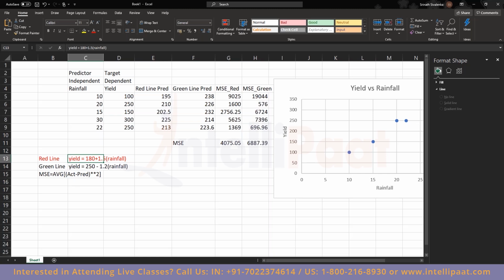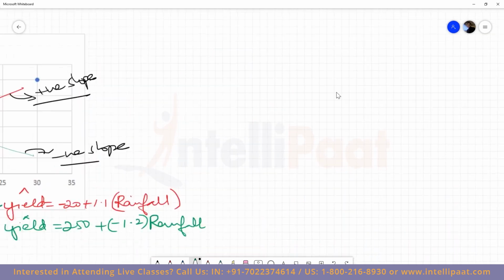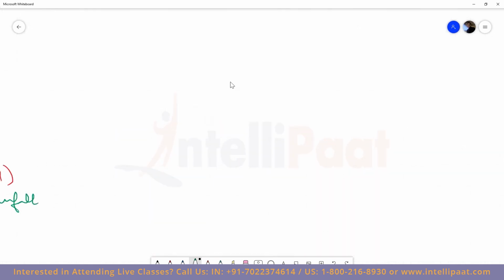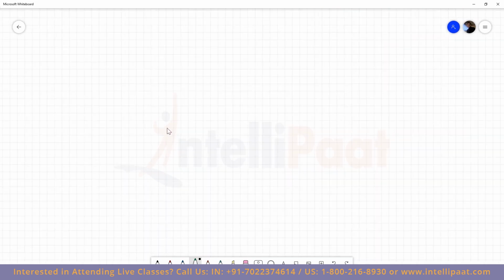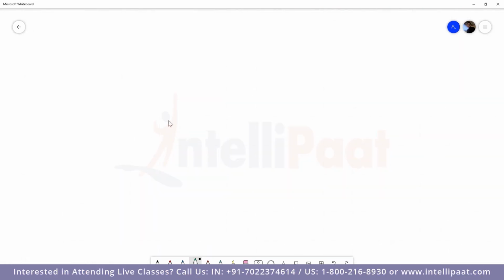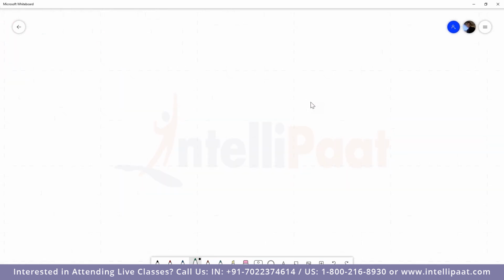So let's go back to this particular step, and let's take another problem, and we'll try to solve that with different equations. I think we should be able to get an easy hang of how to solve this problem. Let's take a simple set of data.